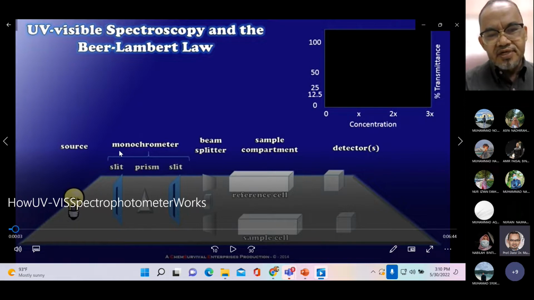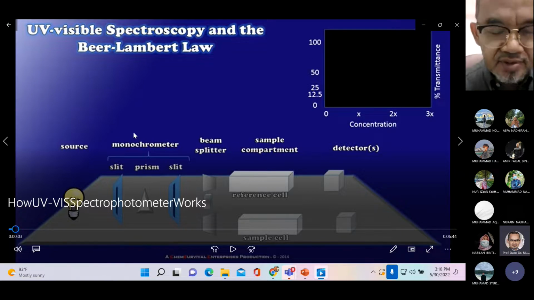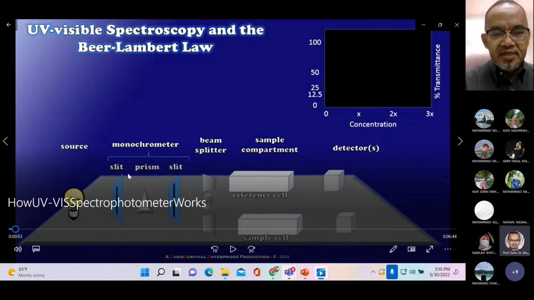Monochromator. You see here monochromator from the video, and they have two slits, one slit here, and they're having a prism. So my question is, what is monochromator? And why does this monochromator have a relationship with these slits and the prism, the two slits and the prism?